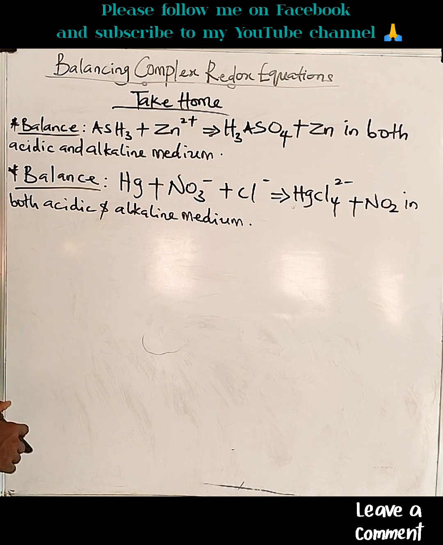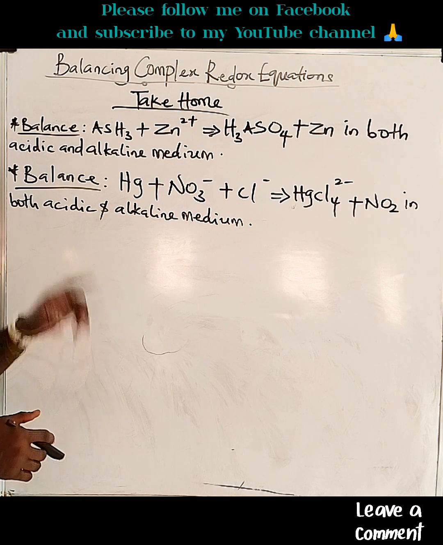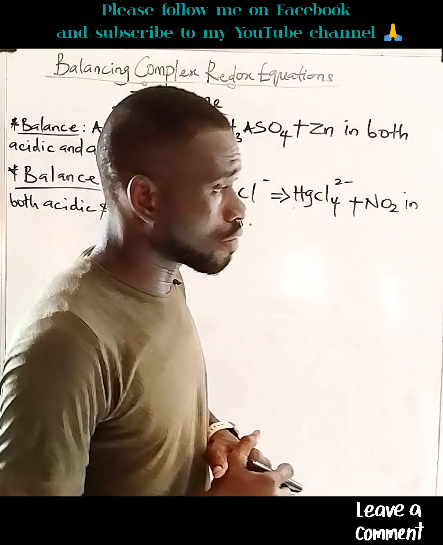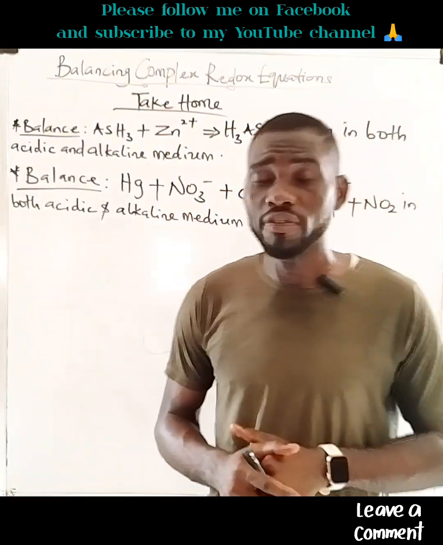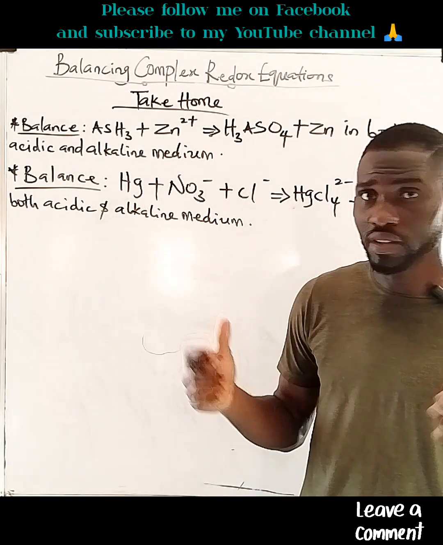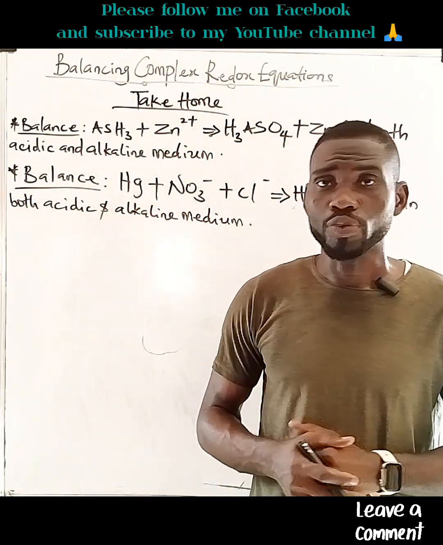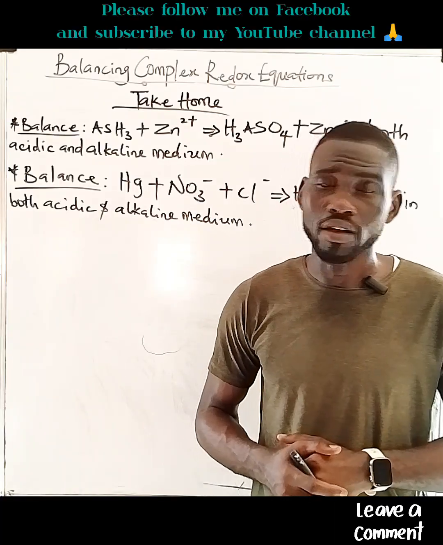The second question, balance Hg plus NO3 minus plus Cl minus equals HgCl4 2 minus plus NO2, in both acidic and alkaline medium. I'm very sure that we have more than what it takes to solve those two questions, after all, what we've treated already on both non-redox equation, simple redox, and the complex redox.